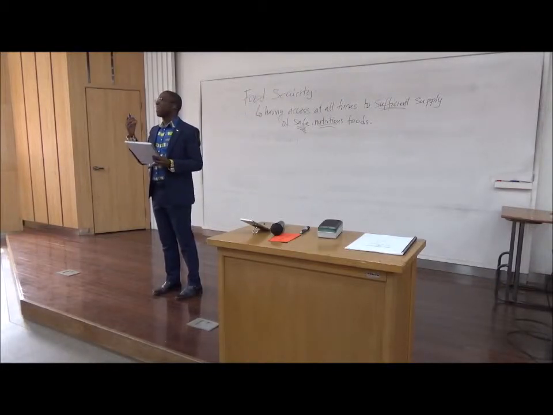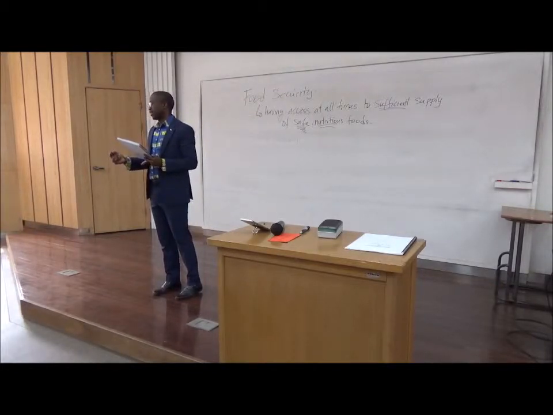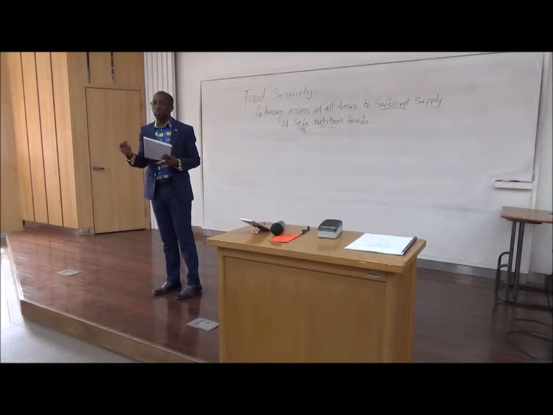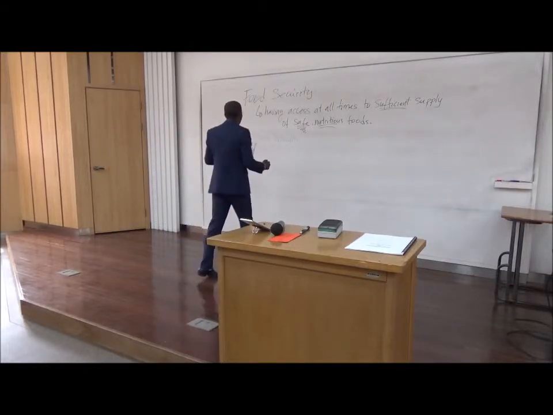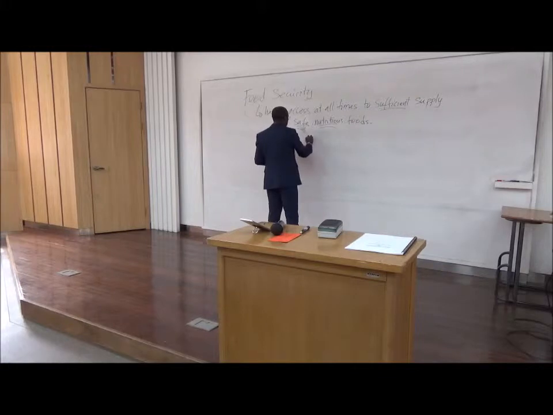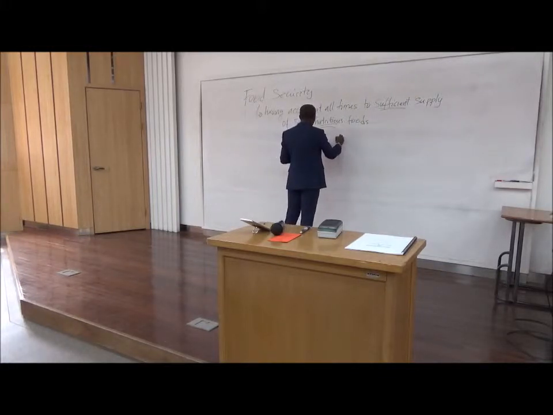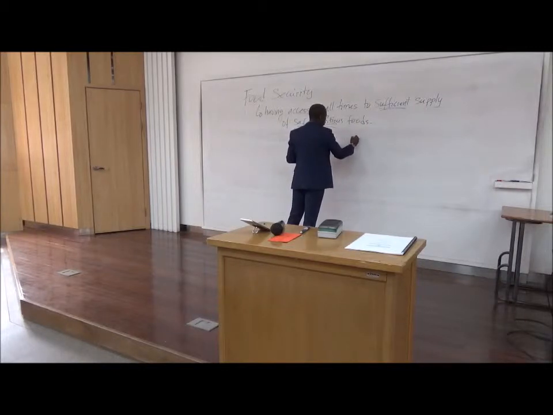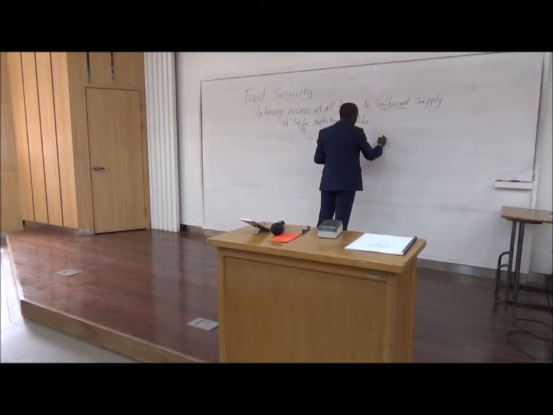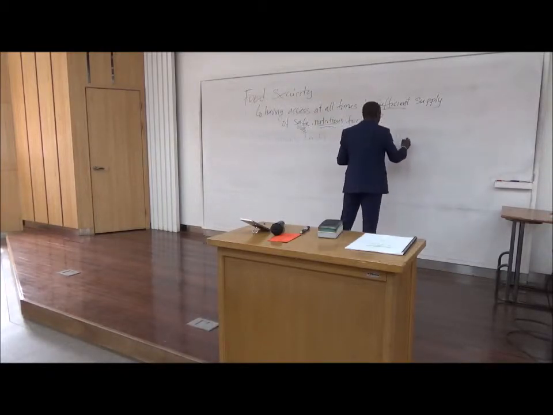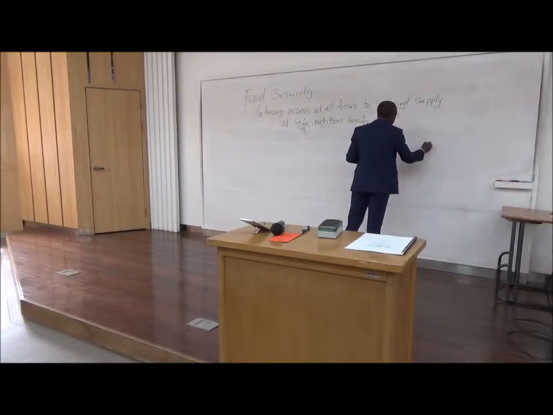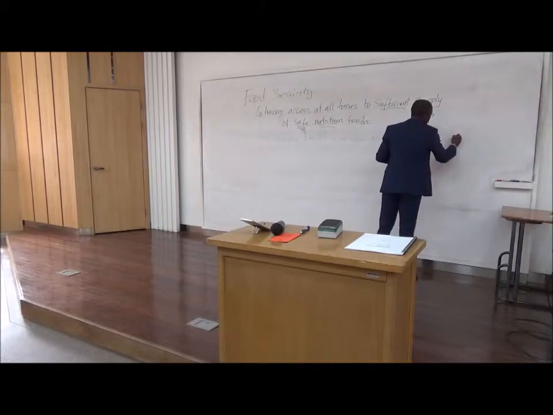Do I have access to food? How can I have access to food? All right. So let me put it here. Limited or uncertain. You are not sure. Availability of the same one: safe, nutritious food.